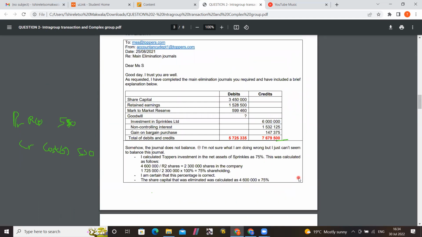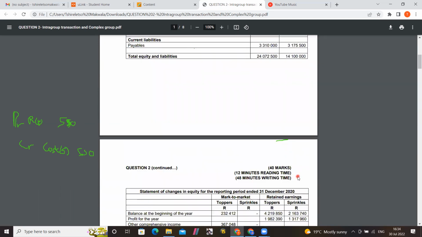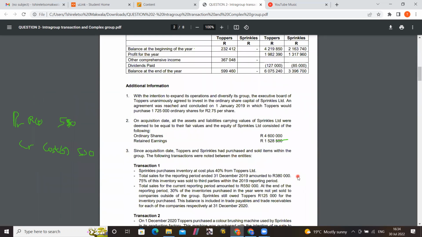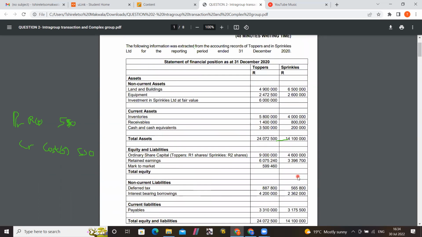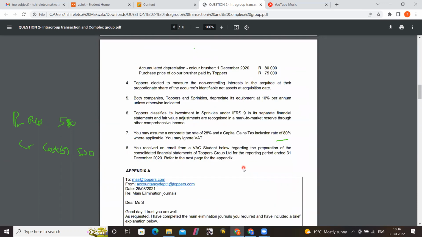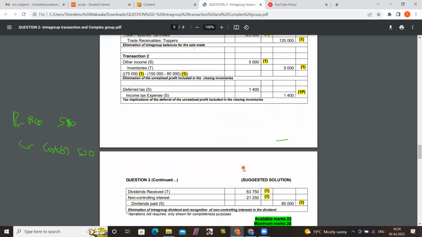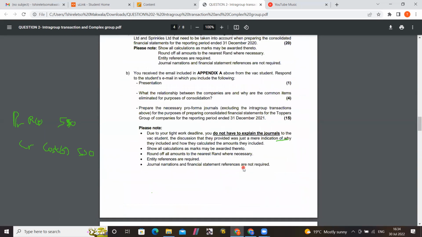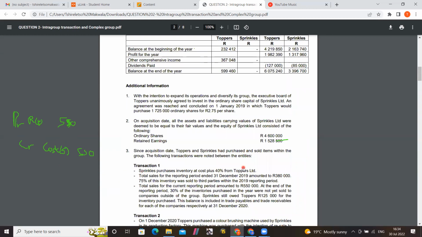How much of Sprinkles do we own? Let's check. In terms of the amount that we own of Sprinkles, what's the percentage that we own? Wait, where is it written?